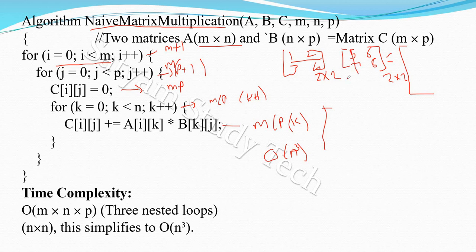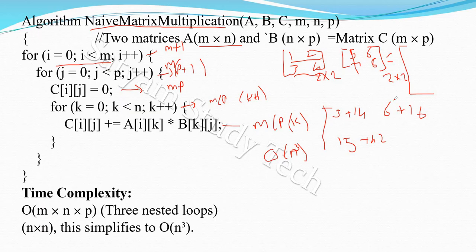So that is 1 into 5, this is the one time this inner statement is executed. Next, 2 into 7, that is 14, this is the second time, and 1 into 6 plus 2 into 8, that is 16, and next 3 into 5, that is 15, next 4 into 7, that is 28, so 43.